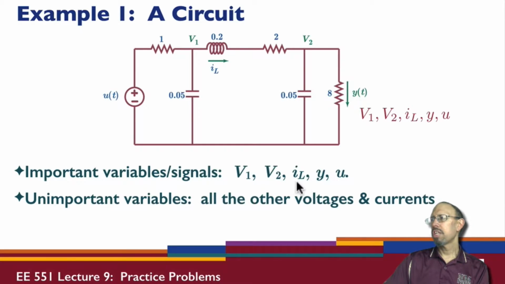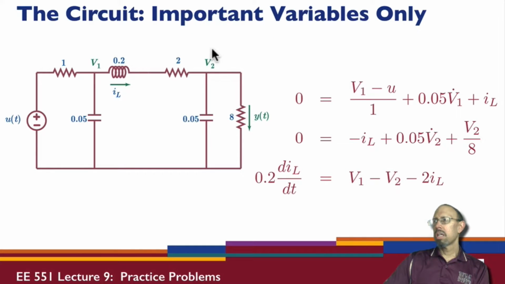And so these are important variables. Unimportant variables are all the other voltages and currents. So for example, the voltage at this point right here, which is in between these 2 nodes, is not so important. So here, now I write an equation that involves only the important variables.